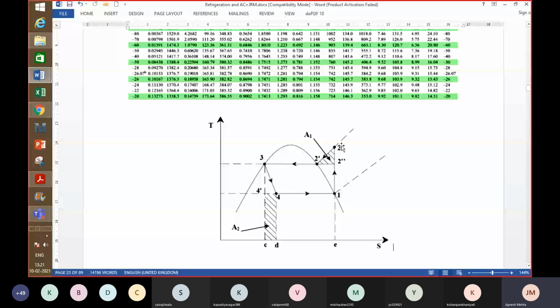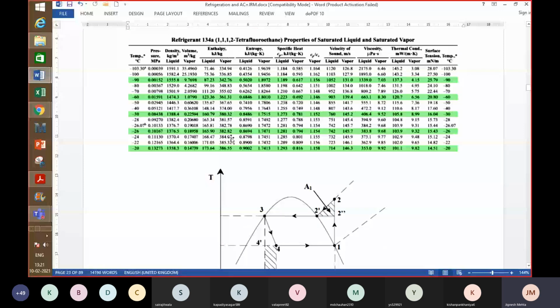So how much is the entropy at point 2? The entropy at point 2 is equal to the entropy at point 1. So the way we got enthalpy here, which is 386.55 kilojoule per kg, you can also get the entropy at point 1.